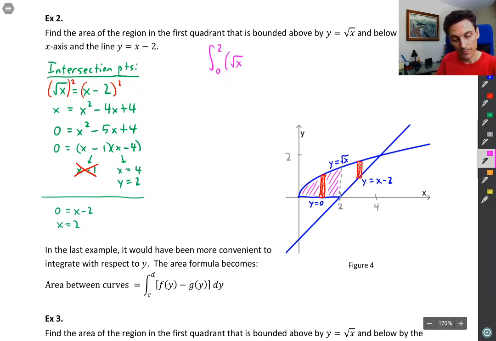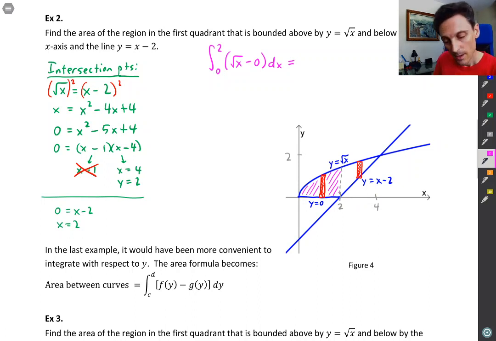That's on the top of this rectangle, it's the square root of x function, minus the bottom function, which is y equals 0. You don't have to write the minus 0 if you don't want, but I'm putting it here for extra emphasis. And then we have dx.